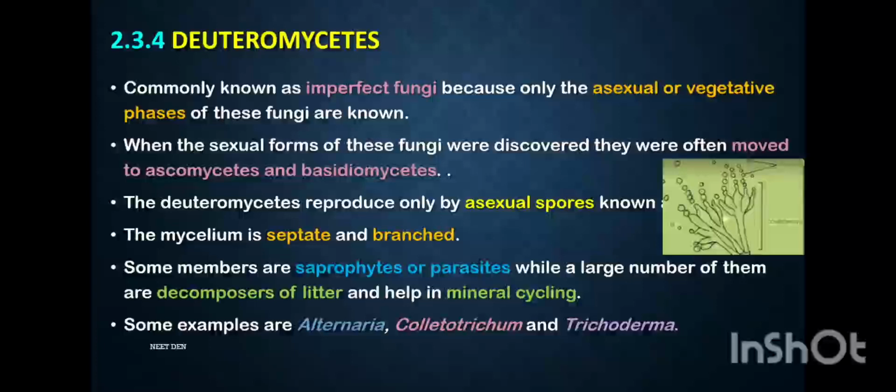Alternaria is a plant pathogen, produces disease in plants, as well as in human beings, like their spores are responsible for producing allergies in human beings, also bronchial asthma, and others like Colletotrichum and Trichoderma, they are also plant pathogens.